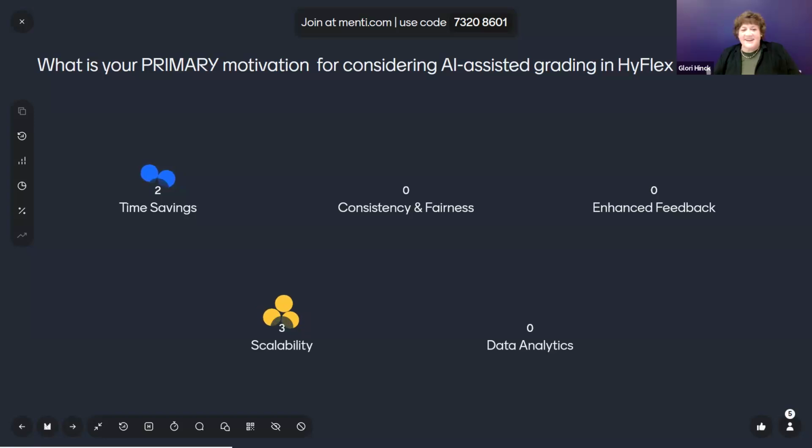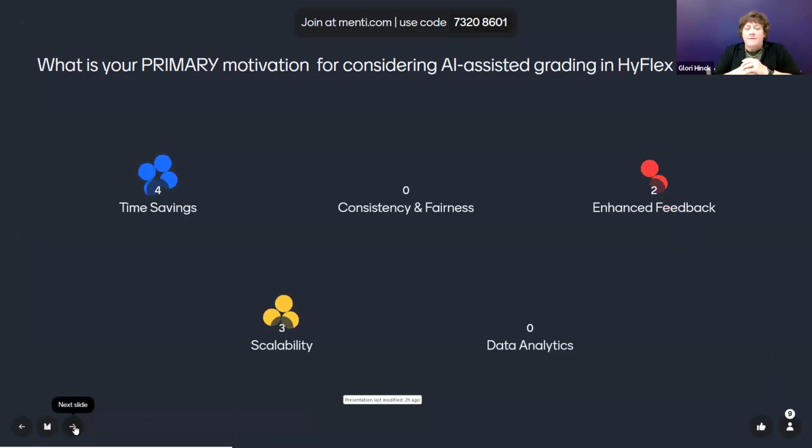Otherwise, people might put dots on everything. All right. So lots of time savings and scalability, which of course often relate. And that is partly why we talk about AI assisted grading in HyFlex, because one of the biggest concerns people give about teaching HyFlex is the time commitment.